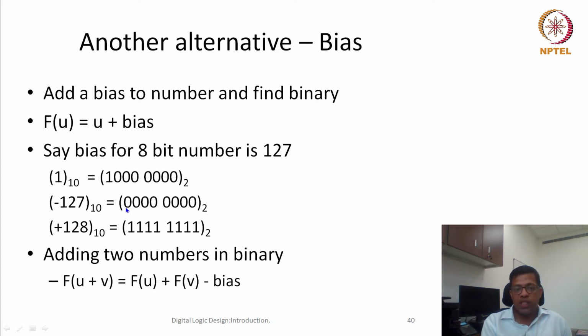So that means if this number is 0, it actually represents minus 127 in bias mode. Similarly, if I want to represent plus 128, the output would be 128 plus 127, that means 255, and 255 can be represented using 1 1 1 1 1 1 1 1.